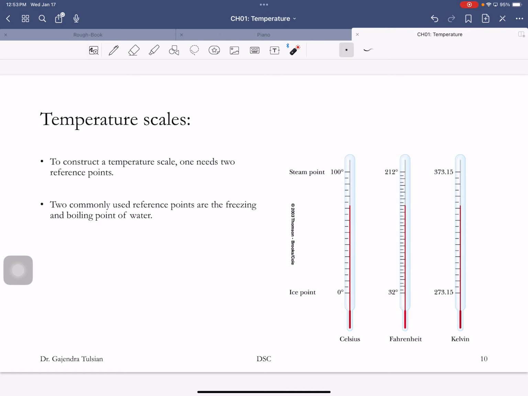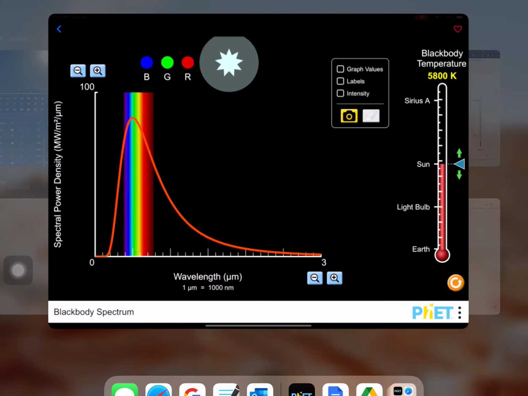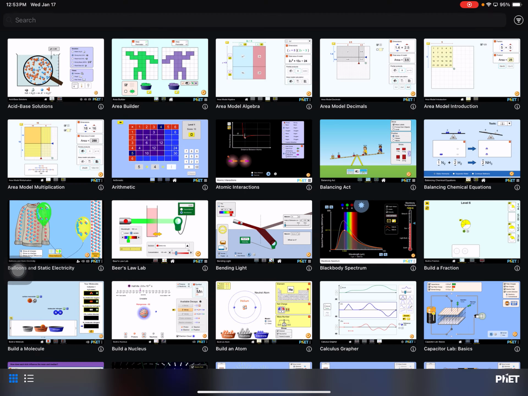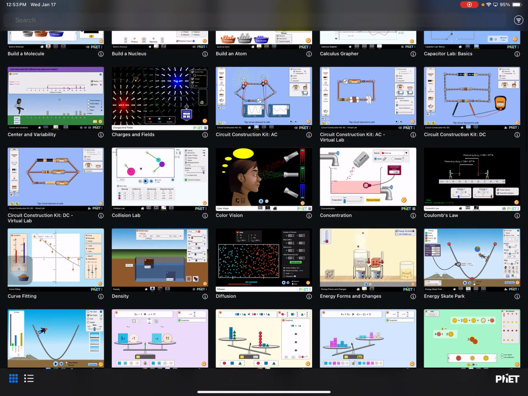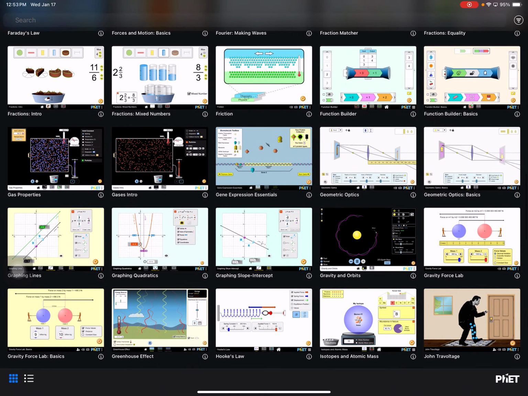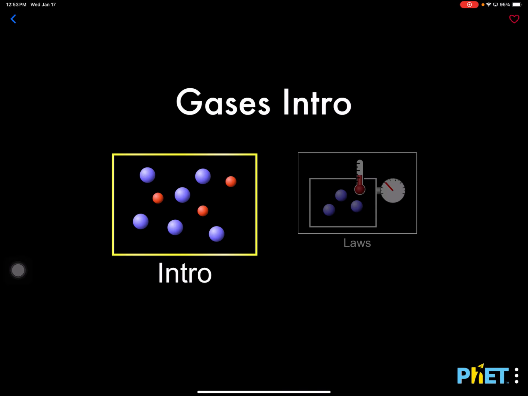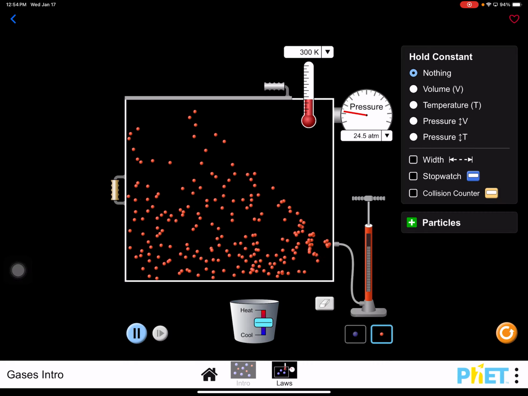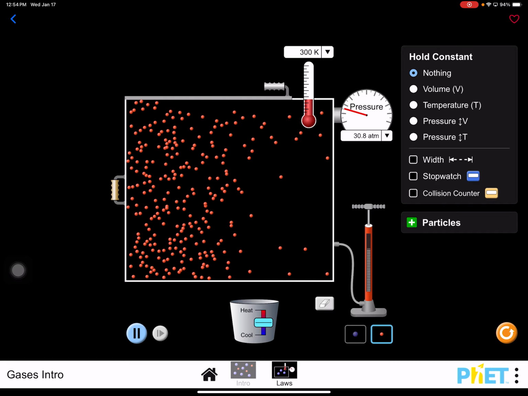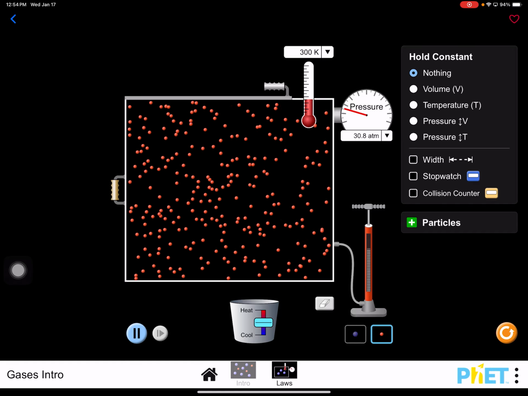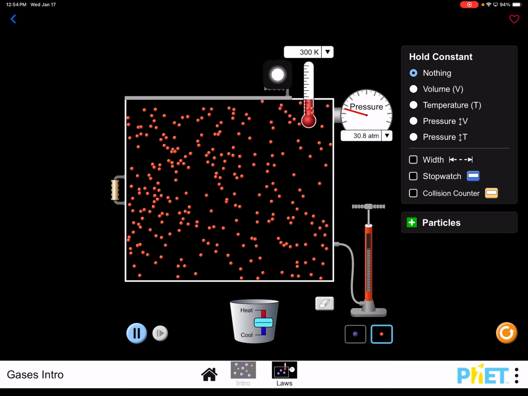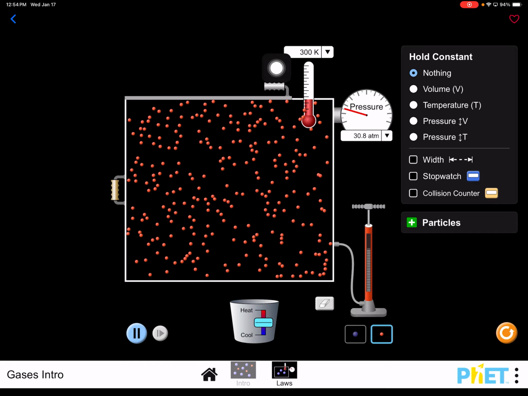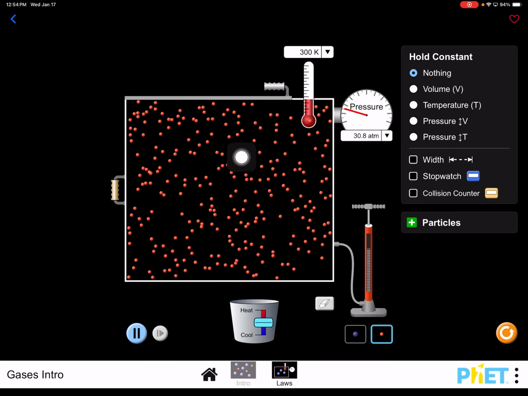Let me show you a simulation. Here's the temperature of the gas, which is 300 degrees Kelvin.